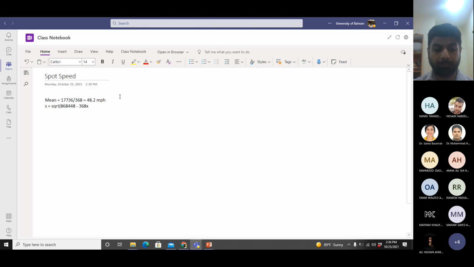So x bar is the mean, 48.2. Let me use a bigger bracket here, divided by n minus 1. N is 368 minus 1, 367. How much is this? Give me the value of standard deviation.